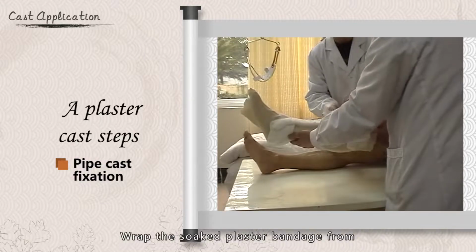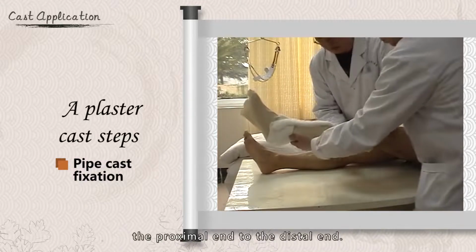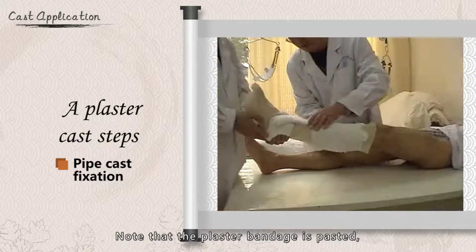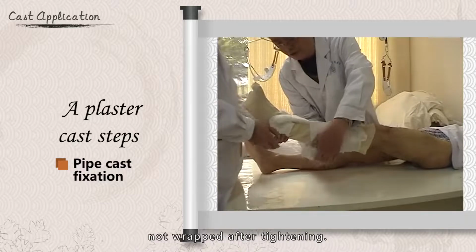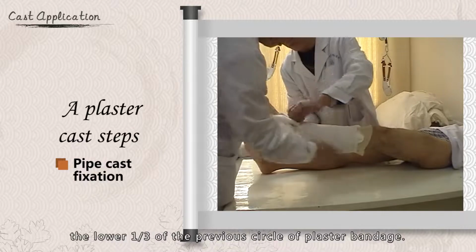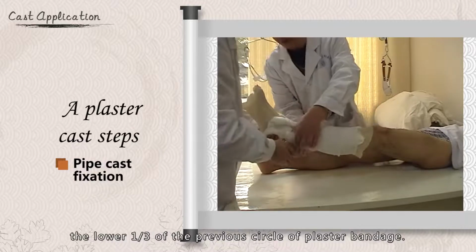Wrap the soaked plaster bandage from the proximal end to the distal end. Note that the plaster bandage is placed, not wrapped after tightening. Each circle of plaster should cover the lower one-third of the previous circle of plaster bandage.